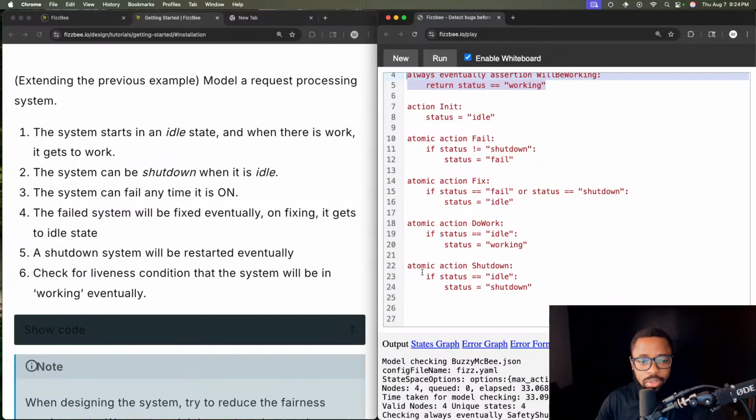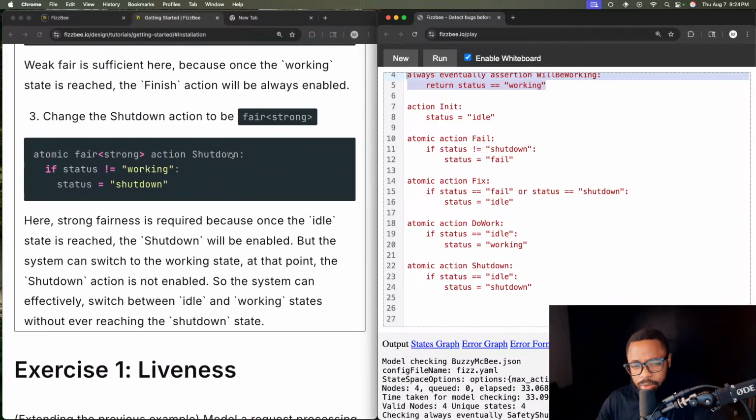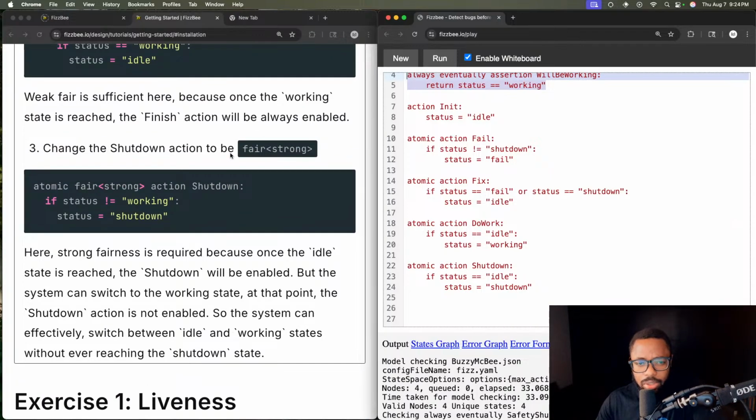the fairness modifiers or annotators. I don't know what to call them. I think it's modifiers.